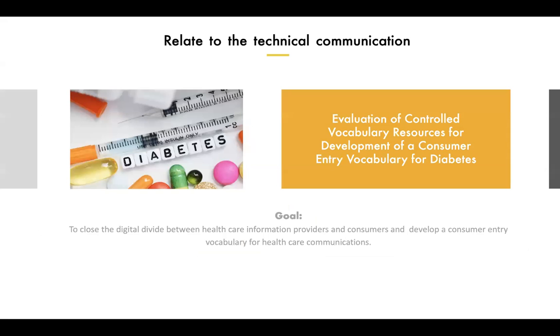And I have analyzed a case online, which is evaluation of controlled vocabulary resources for development of a consumer entry vocabulary for diabetes. Their goal is to close the digital divide between healthcare information providers and consumers and to develop a consumer entry vocabulary for healthcare communications.